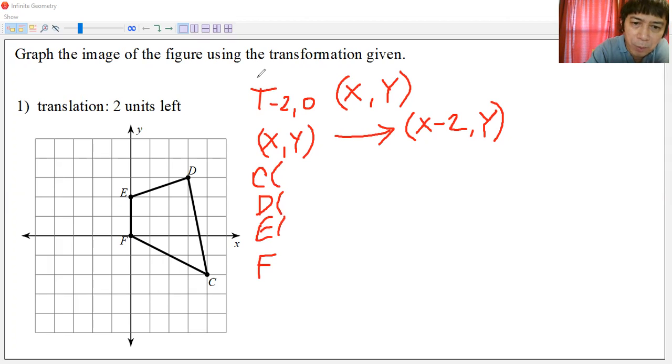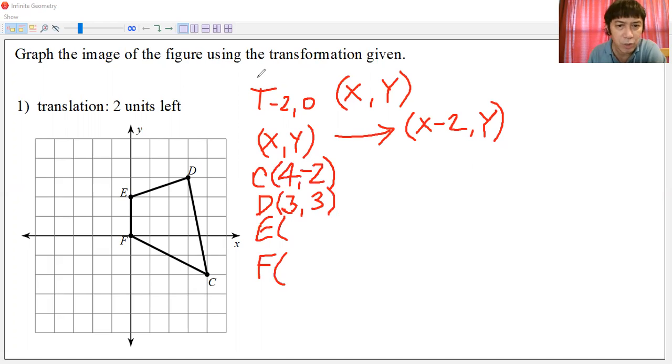So we'll begin with the parentheses like that. Our C is located at (4, -2). All right. Our D is located at (3, 3) at the first quadrant. So that's point D.